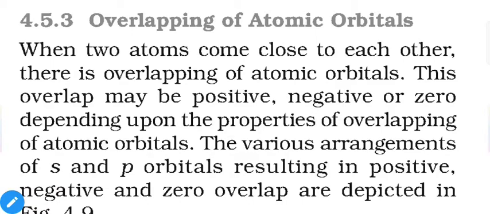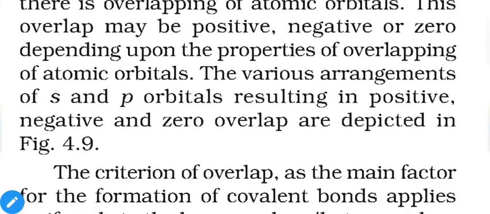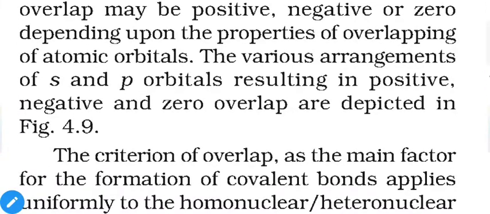When two similar types of orbitals overlap with each other, more details will be discussed in an upcoming point, but keep in mind they are not representing charge. The various arrangements of s and p orbitals resulting in positive, negative and zero overlap are depicted in figure 4.9.